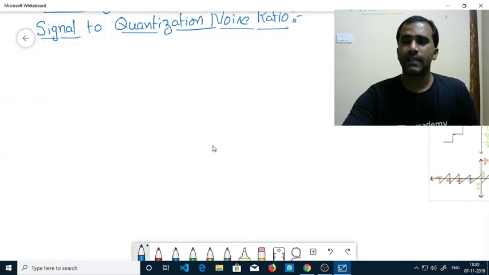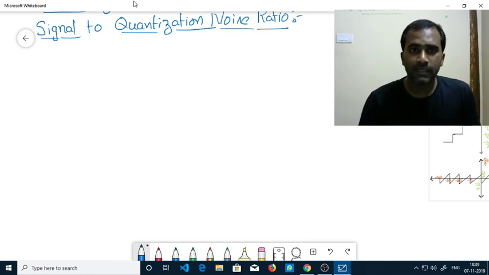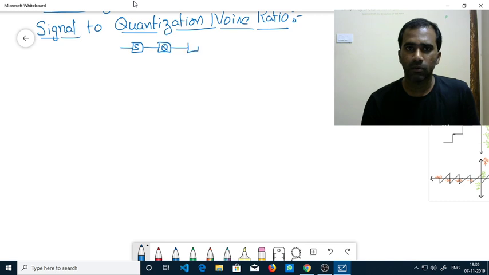Now let us derive SQNR. Whenever you are passing a signal through a quantizer, this is the flow: basically sampler, quantizer, and encoder. Your message signal is sampled, and these samples are quantized, which means simply approximating, and these are finally converted into bits.